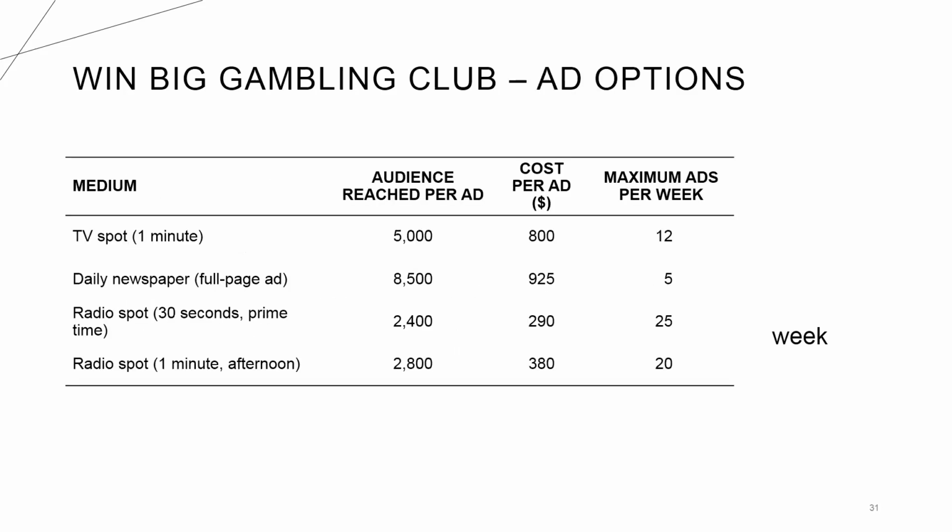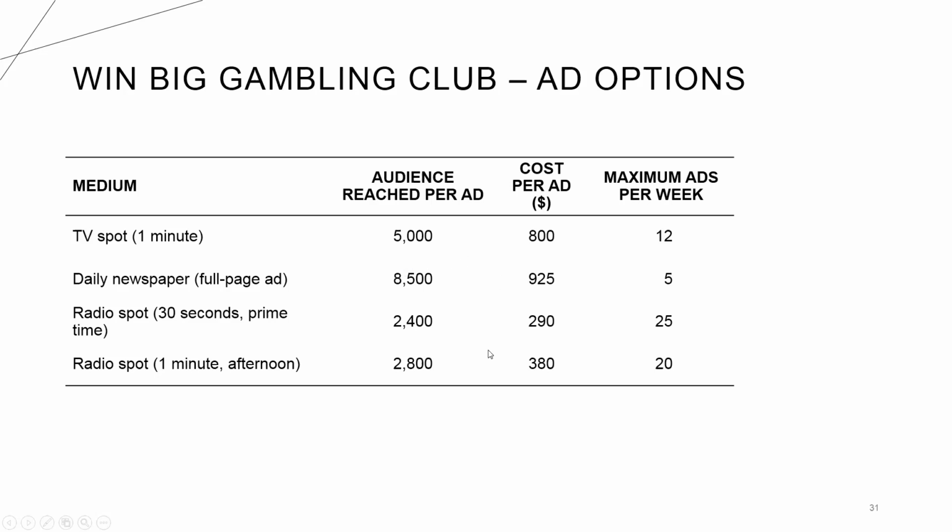So if we look at the types of ads we can get, it's TV spots, newspaper spots, and then 2 different lengths of radio spots. And we can see here that we have the audience exposure for the different types of ads. The newspaper has the largest exposure. The radio has the smallest exposure. But then there's also the price, right?